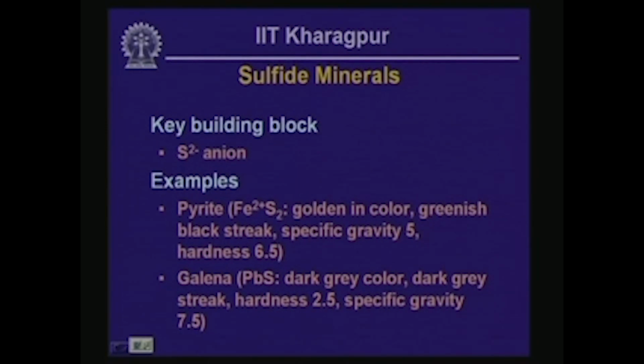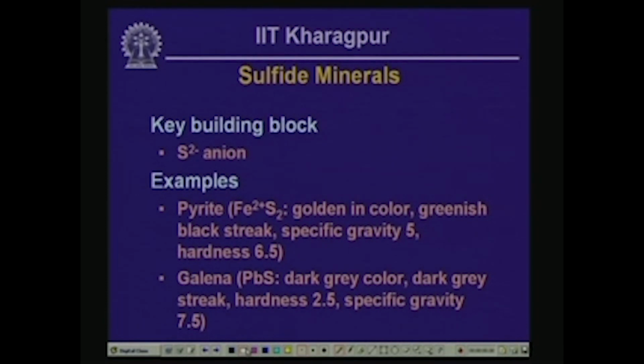If you recall, we looked at the crystal structure of pyrite and galena in the previous lesson. Pyrite in a sense is ferrous sulfide, where we have bivalent iron, and galena is essentially lead sulfide.